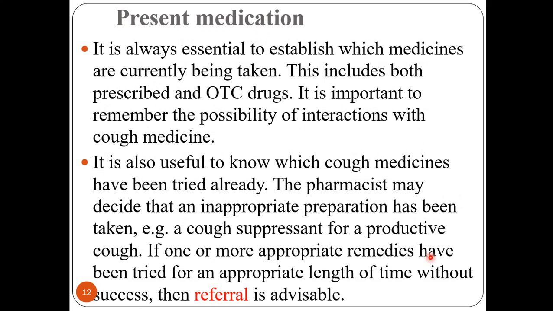You may find that this patient was given a cough suppressant although he has a productive cough, and vice versa. If one or more appropriate remedies have been tried for an appropriate length of time without success, then referral is advisable.